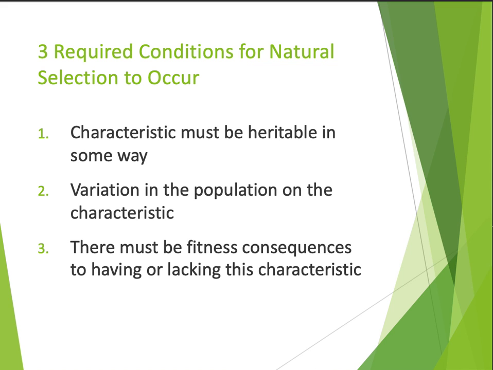If all of these are true, that swimming faster is heritable, some fish swim faster than others, and there are some safety benefits to being able to swim fast, we might see over many, many generations more and more of those fast swimmers.